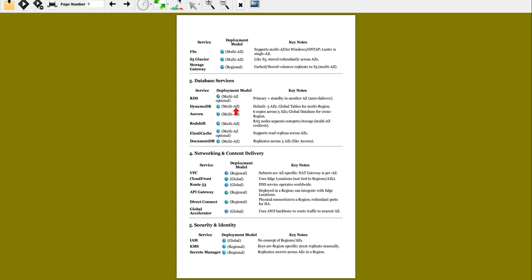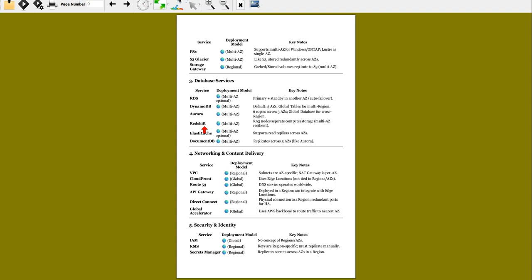DynamoDB is multi-availability zone by default, across more than 3 availability zones, with global tables for multi-region. Global tables will be replicated across multiple regions. Aurora DB is multi-availability zone: 6 copies across 3 availability zones, with Global Database for cross-region.